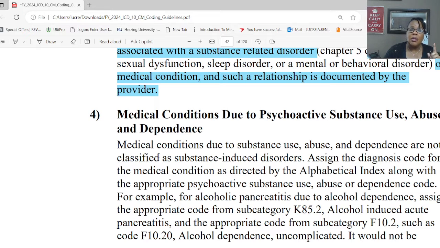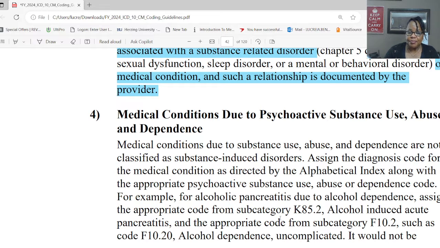Let me say that again. Medical conditions due to substance use, abuse, and dependence are not classified as substance-induced disorders. Assign the diagnosis code for the medical condition as directed by the alphabetic index, along with the appropriate psychoactive substance use, abuse, or dependence code.